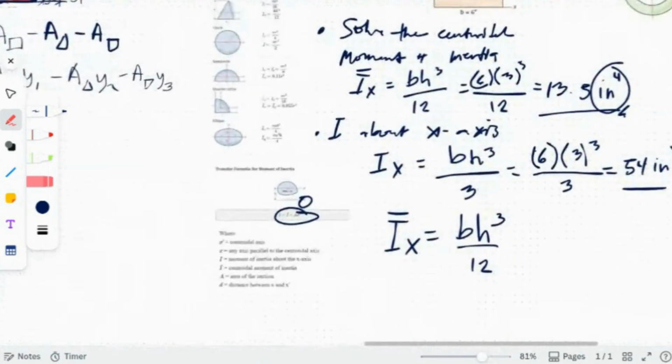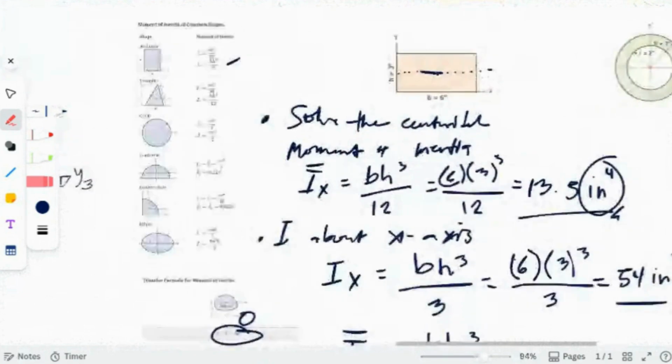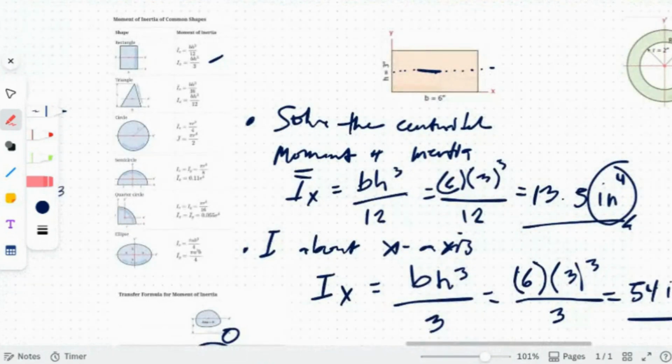Let's use that here. So from our centroidal, we want to move it to the x. So that's like 3 out of 1.5. Let's see if we could get the same answer using this one, 1.5.